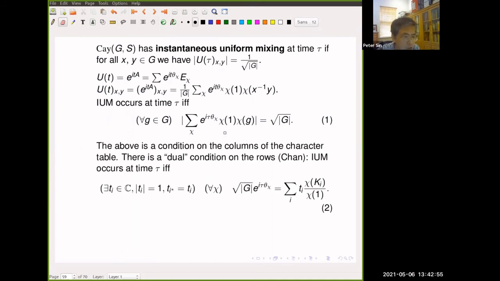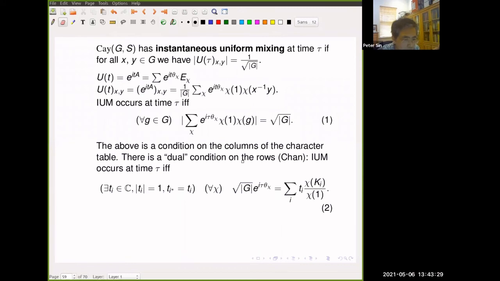Now, the above condition is a condition on the columns of the character table, because you pick an element g, and then you sum down all the characters. So this is a condition on the columns of the character table, for fixed g. Okay. So there's a sort of dual condition on the rows, which is in a paper of Ada's.